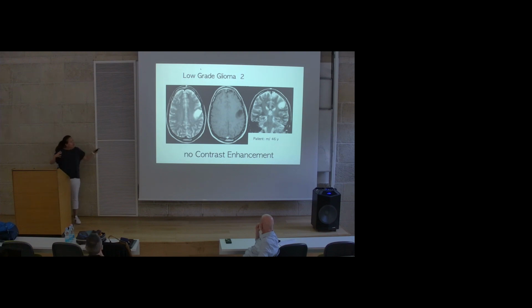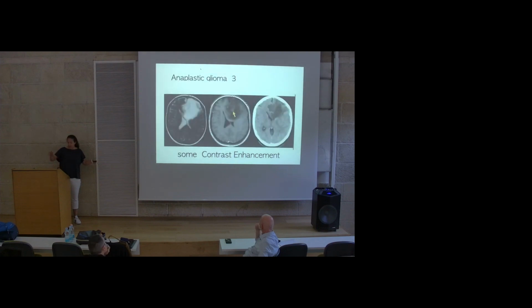So this is a typical picture of a slow-growing tumor. If there's already some hint of contrast enhancement, I would guess, okay, there might be contrast enhancement. There might be already malignant transformation.